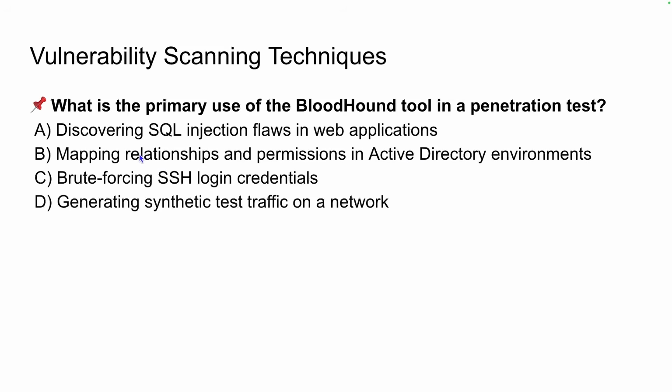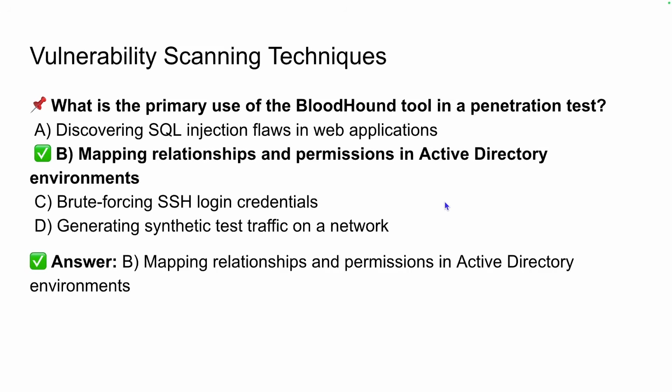Yeah, because it's giving you the path to go from relationship to relationship and the permissions of those relationships to finally escalate those permissions for you. Brute forcing SSH login credentials, that is not what it does. And generating synthetic test traffic on a network is also not what it does. So mapping relationships and permissions, yes, excellent.